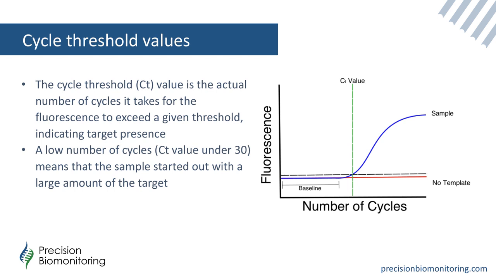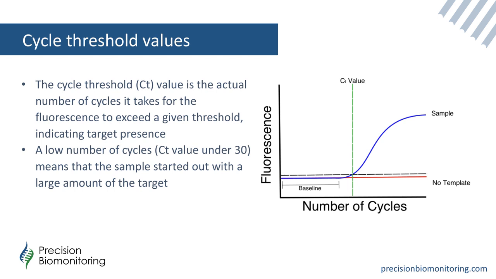So if you think about the diagram that was presented earlier about copying and doubling over time, you can imagine that you're talking about fluorescence output over these numbers of cycles. The earlier you have this crossing threshold, so the earlier you hit that minimum amount of fluorescence, means that you had more starting material of that target present.